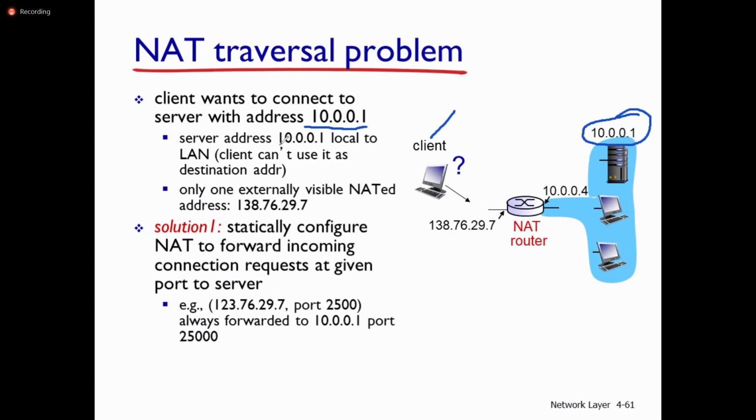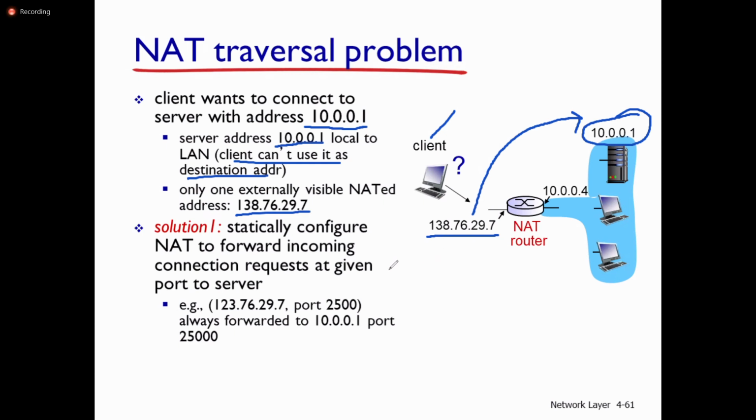The server address 10.0.0.1 is local to the LAN, so the client can't use it as a destination address. The incoming datagram destination address is 138.76.29.7, so this router has to translate this address to the server address for all the incoming datagrams.